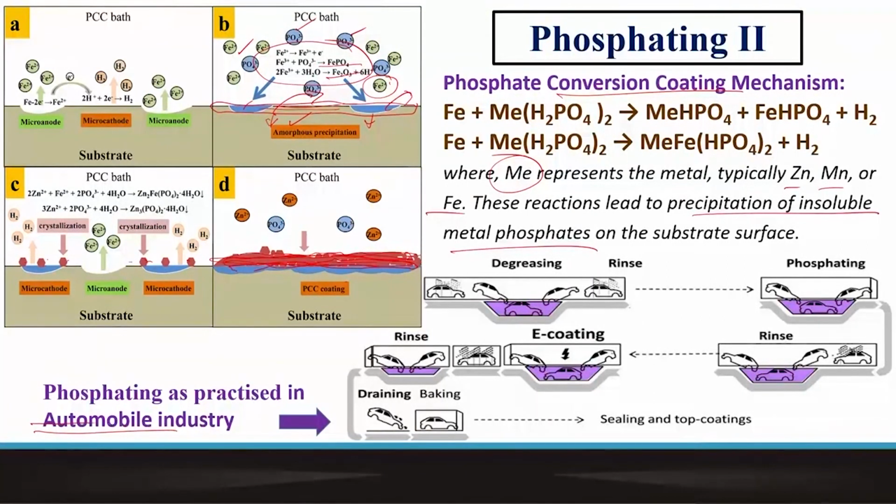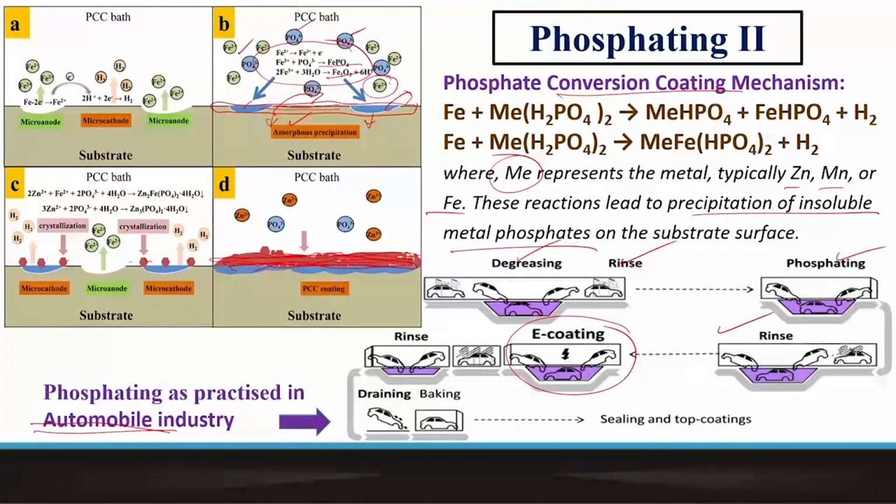It is very routinely used in the automobile industry. In fact, almost all the automobile bodies undergo phosphating as a primary process before the paint is applied, or the doors, panels, bonnets, and all other metallic parts are painted. So one goes through degreasing, rinsing, then phosphating, and again rinsing, then the paint coating process.